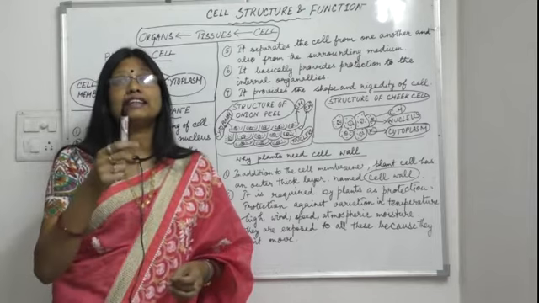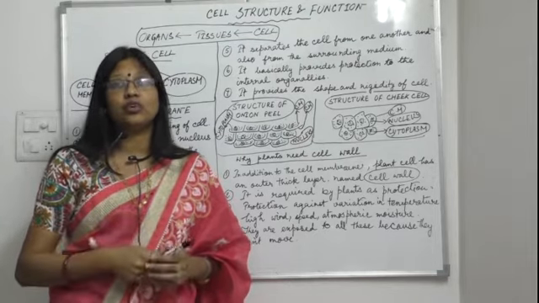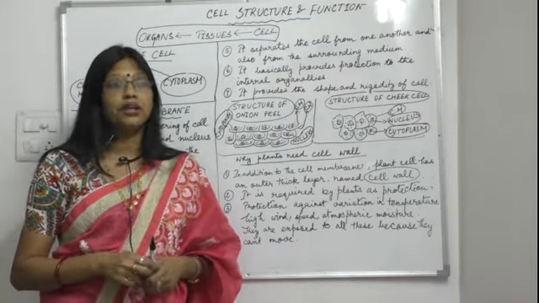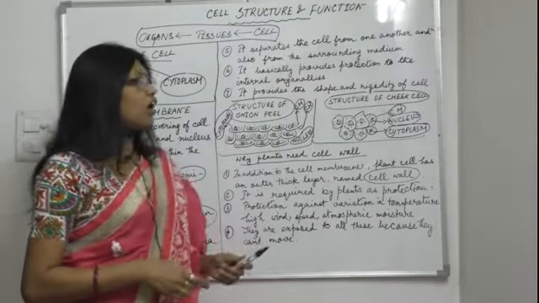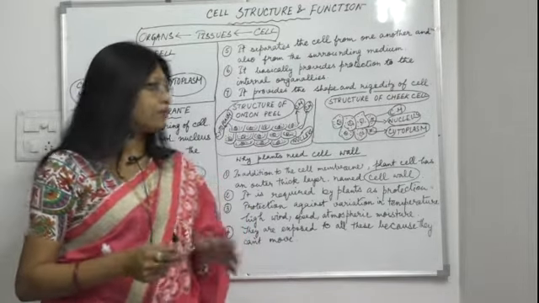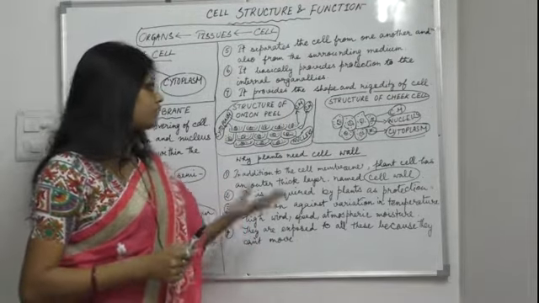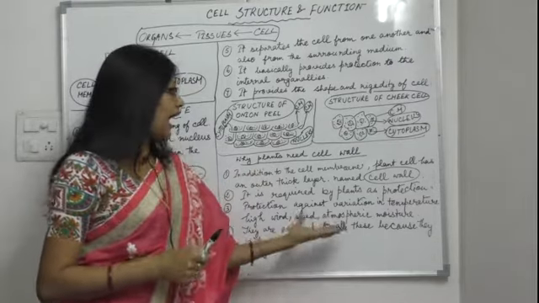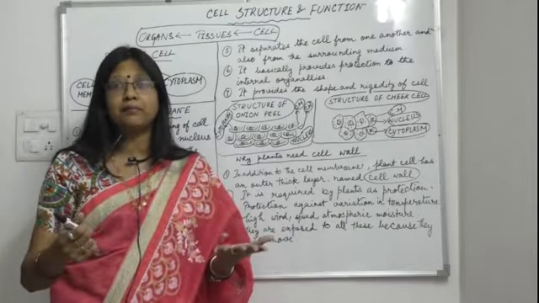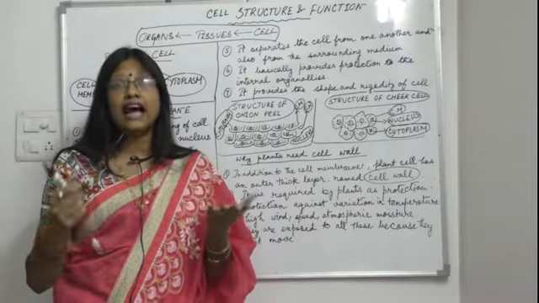So there is a question in your NCERT course: why do plants need a cell wall? Because they are exposed to variation of temperature, variation of wind speeds, and atmospheric moisture. But they can't change their place according to that.